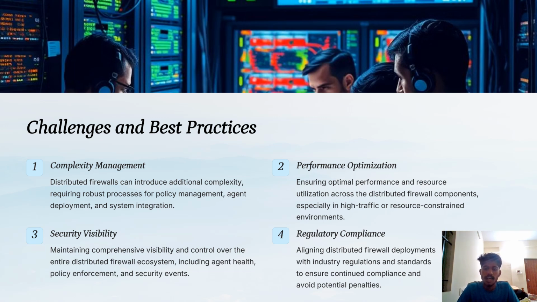Performance optimization: ensuring optimal performance and resource utilization across the distributed firewall components, especially in high-traffic or resource-constrained environments. Security visibility: maintaining comprehensive visibility and control over the entire distributed firewall ecosystem, including agent health, policy enforcement, and security events. Regulatory compliance: aligning distributed firewall deployments with industry regulations and standards to ensure continued compliance and avoid potential penalties.